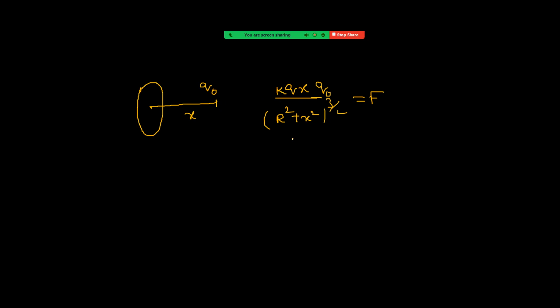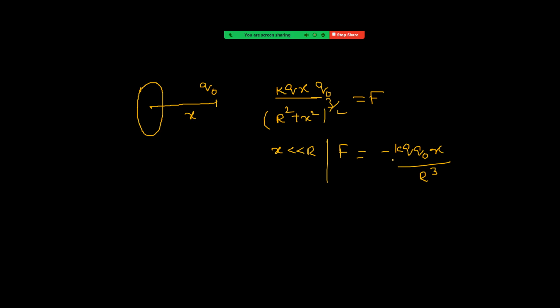If you consider x very small compared to r, then that can be taken as F equal to minus k q naught x by r cube. Why minus? Because one is a positive charge, the other one is a negative charge.